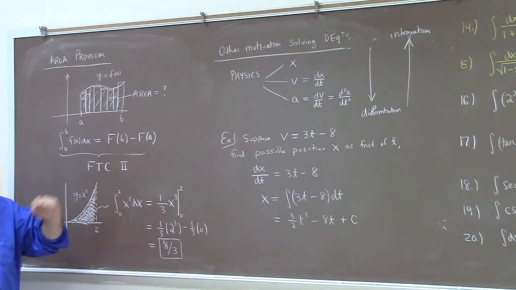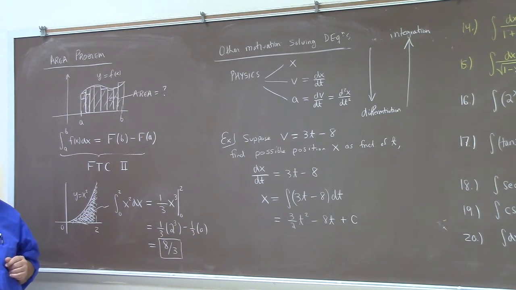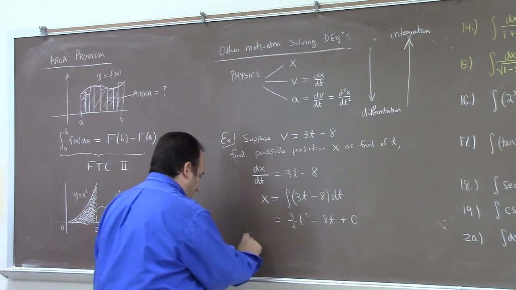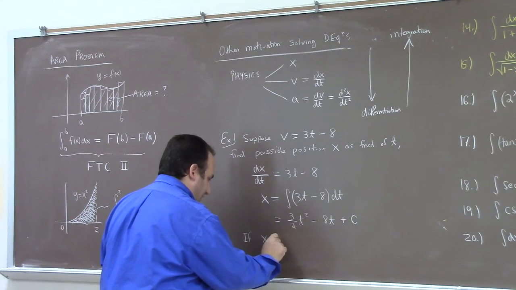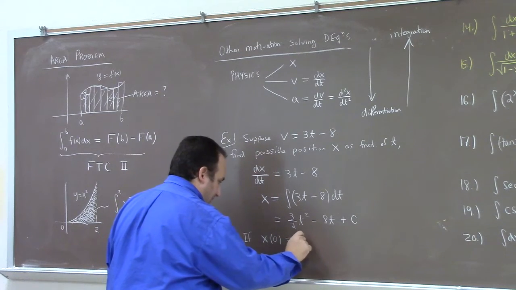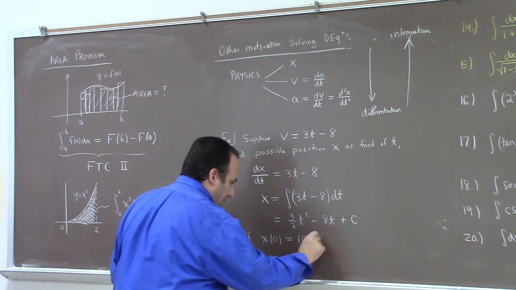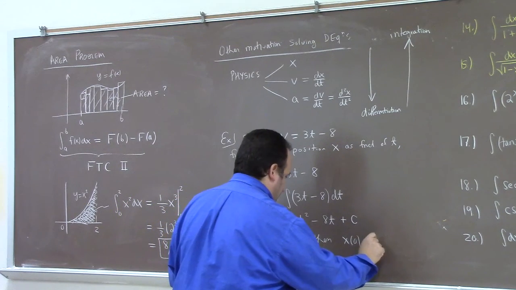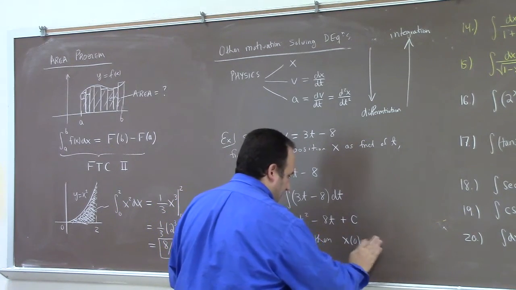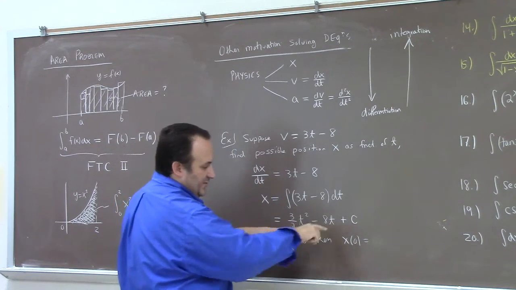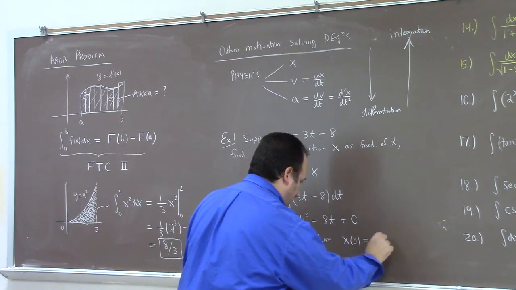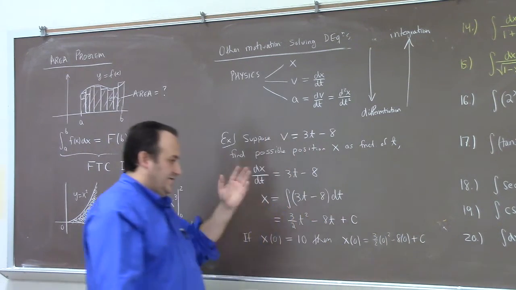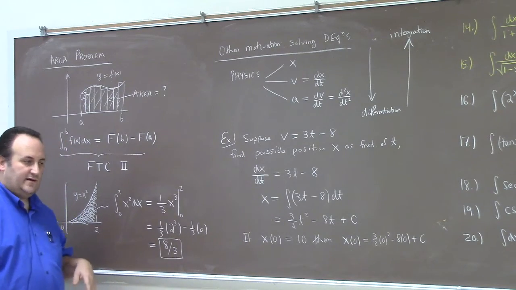So to figure out what that constant is, we need more data about the problem, right? So if the position at time 0 was equal to 10, then x of 0 is what? When you plug in time 0 into this formula, what happens? The stuff with 0 just goes away in this case, and you're left with a constant, right?